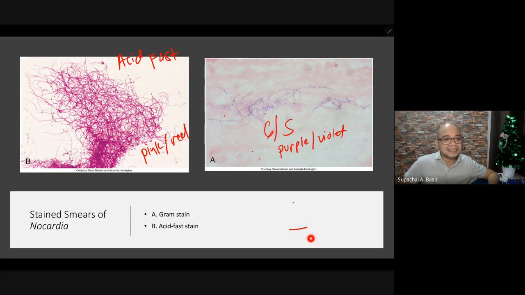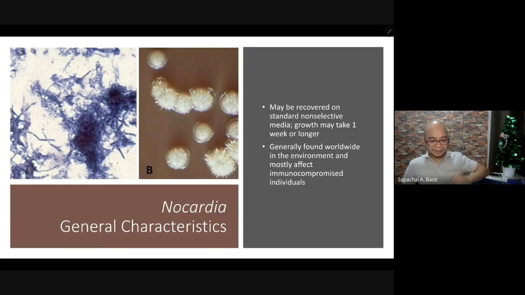So that is the characteristic of Nocardia. Nocardia may be recovered from standard non-selective medium, but it will take at least a week or longer to recover them. They're generally found worldwide in the environment and mostly affect people who are immunocompromised, meaning people with a weak immune system.